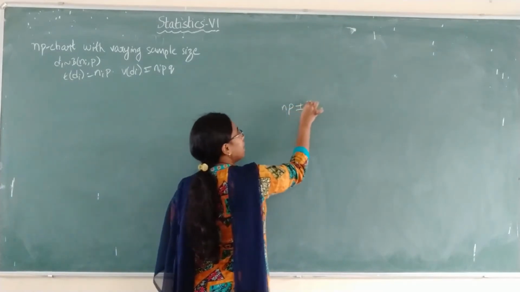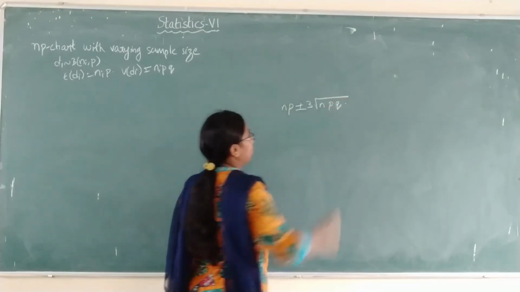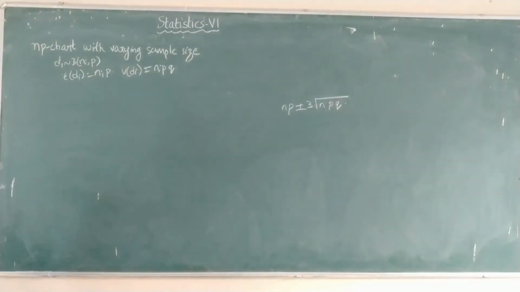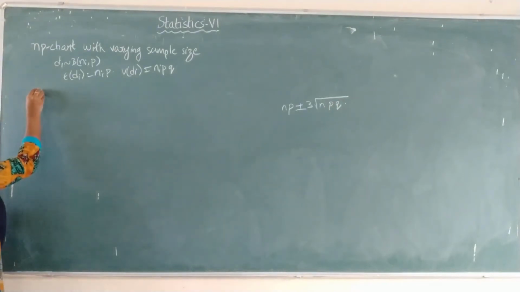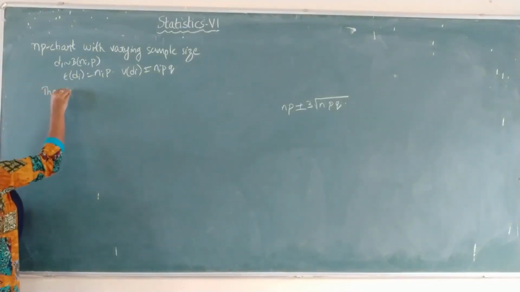NP plus or minus 3 into under root NPQ. These were the general control limits we got for the NP chart.